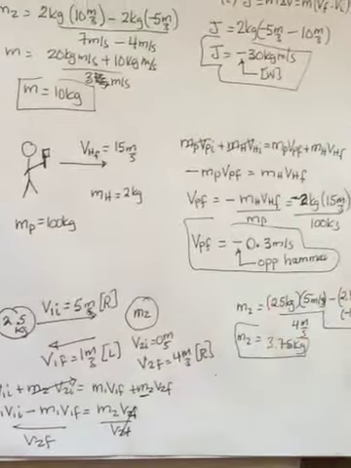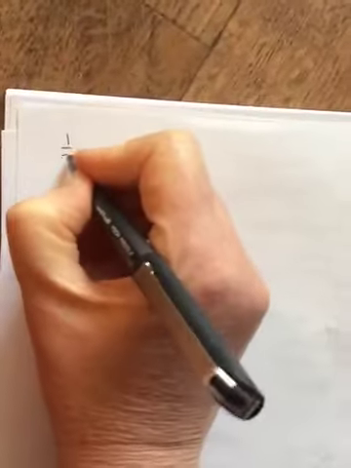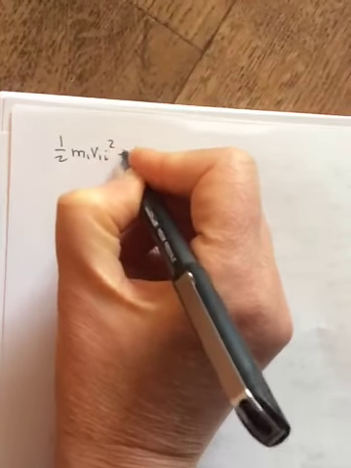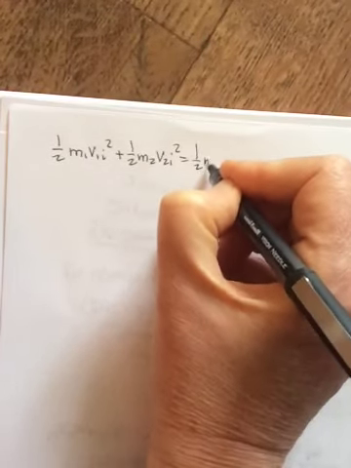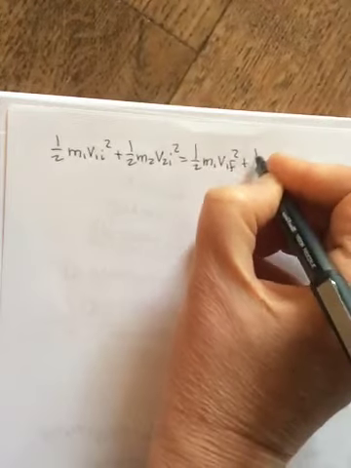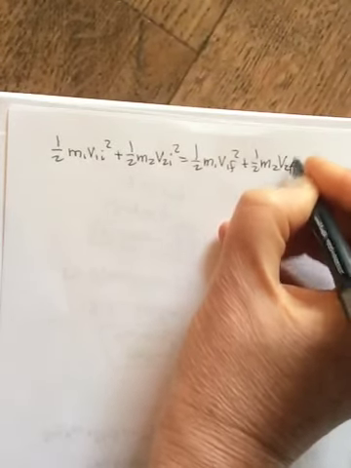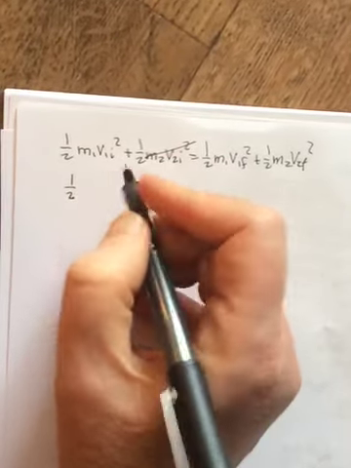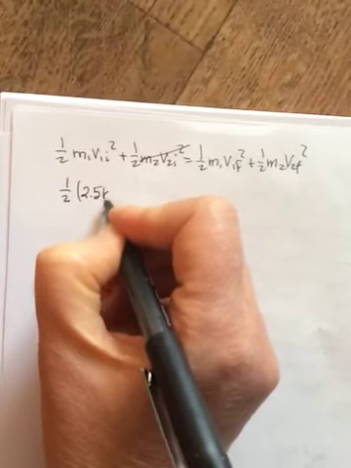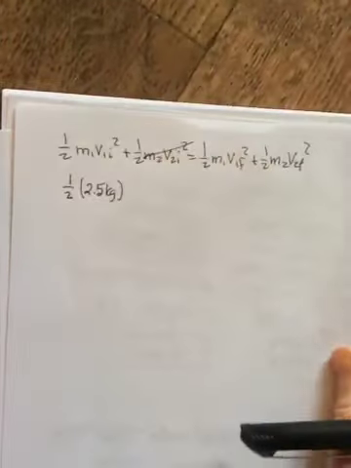And I'm not going to have enough room there. So now you need to go to the kinetic energy equation. So 1/2 m1 v1 initial squared plus 1/2 m2 v2 initial squared is equal to 1/2 m1 v1 final squared plus 1/2 m2 v2 final squared. This goes to 0. So initially this guy was, now that my sheet's turned over, 2.5 kilograms, going to the right, and was it 4 or 5?